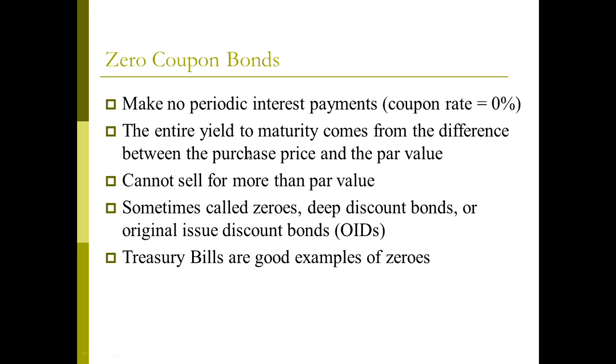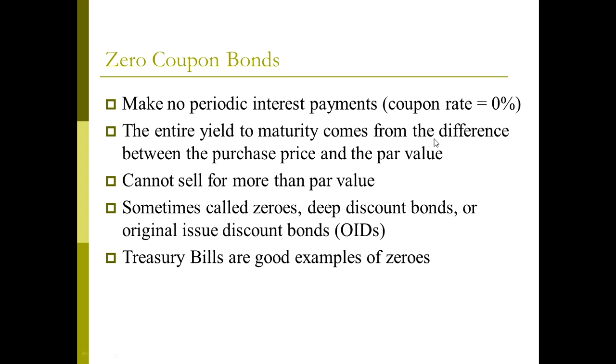So zero coupon bonds. Zero coupon bonds means there are no coupon payments. The coupon rate is 0%. So the entire return, or the yield to maturity, comes from the difference between your purchase price and the par value, face value. That is why all zero coupon bonds are called discount bonds.